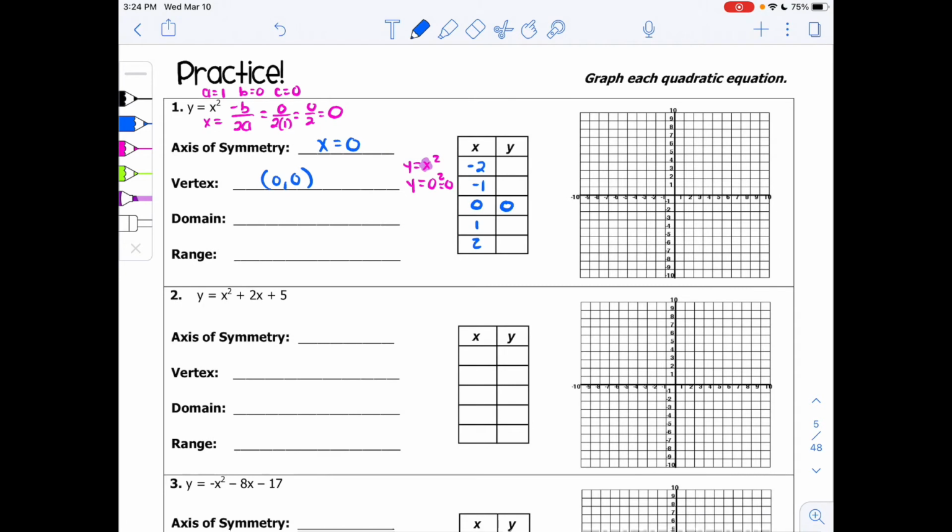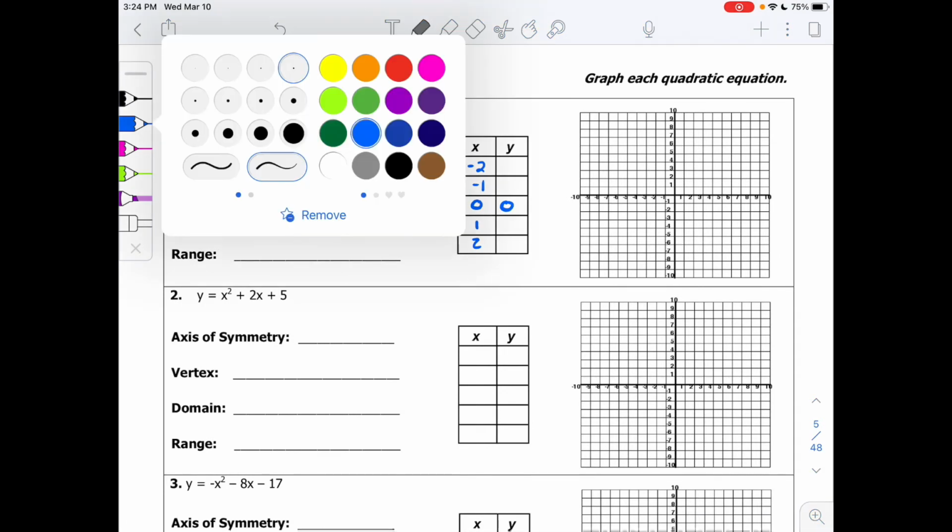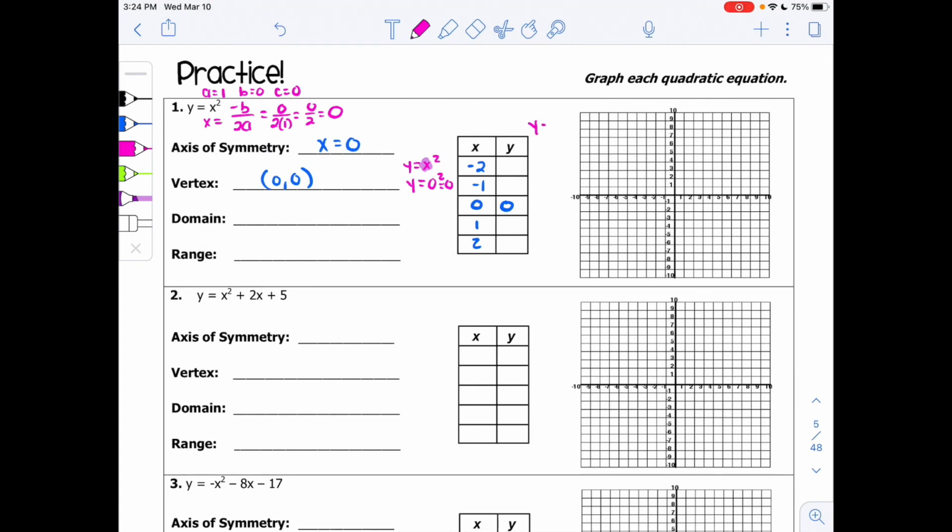To find our y values, we're going to substitute in those x values into the y equals x squared, our original equation. So we're going to replace x with -2. That's -2 squared. We're going to replace it with -1, -1 squared.